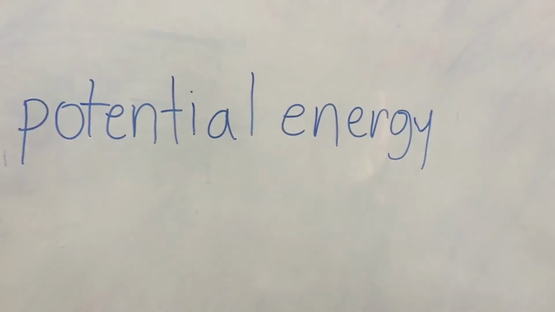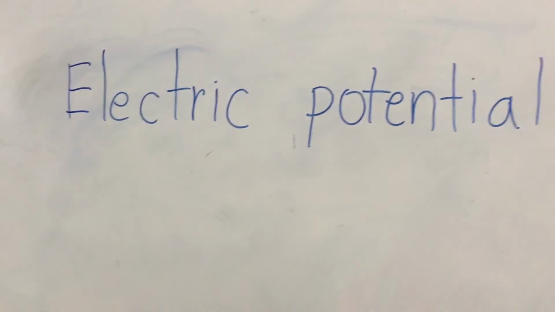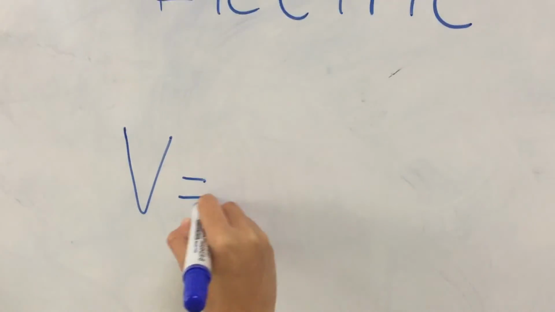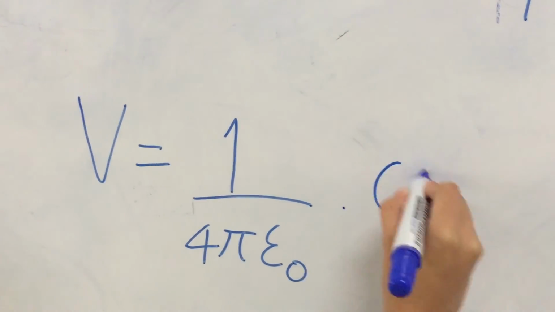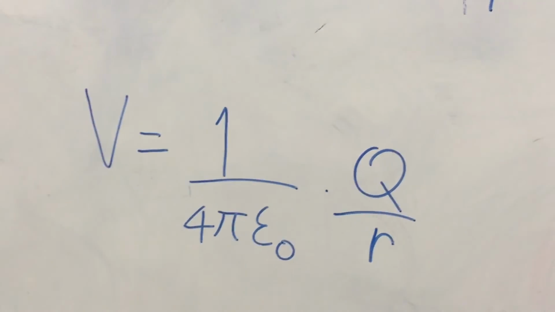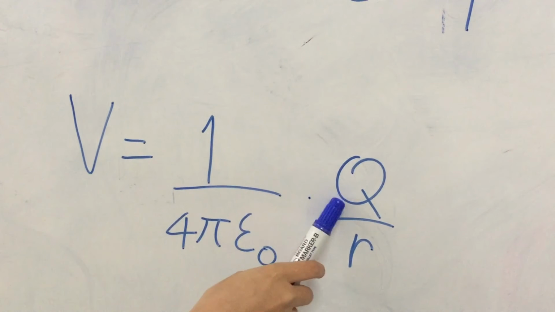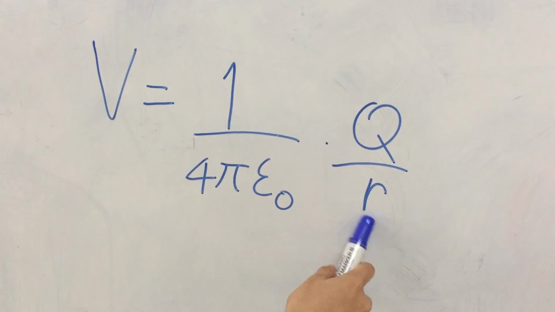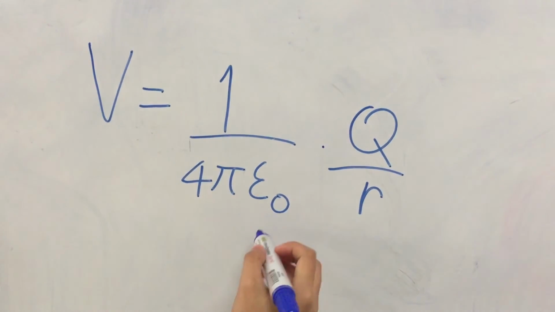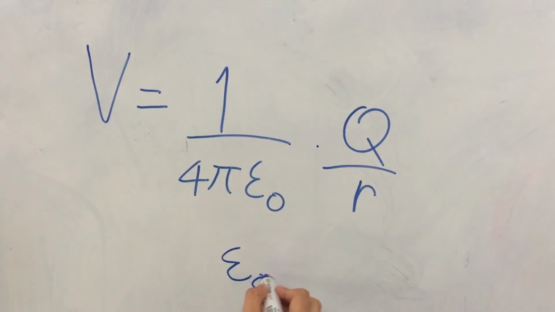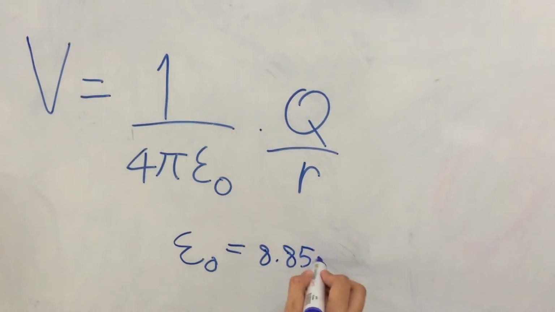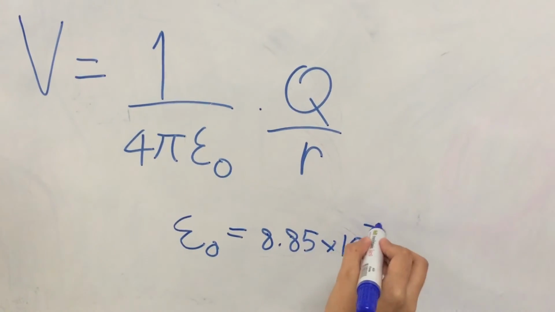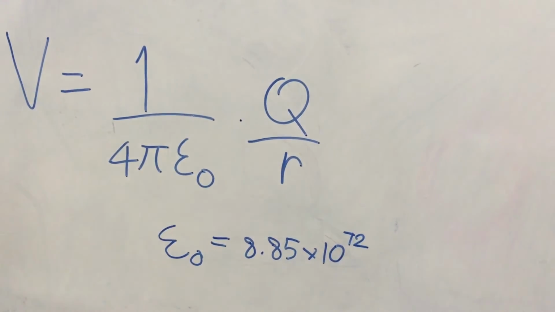To be able to find it, you can use the formula V equals Q divided by 4 times pi times E0 times R, where V is the electric potential of a point, Q is the charge, R is the distance separating charges, and E0 is the permittivity of free space, which is 8.85 times 10 to the power of negative 12.